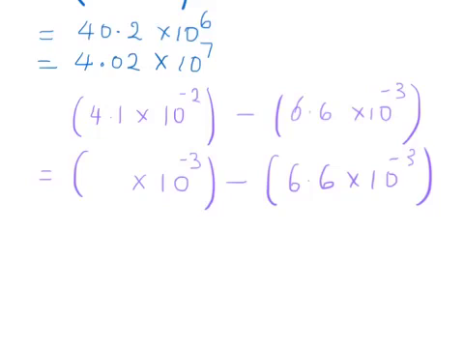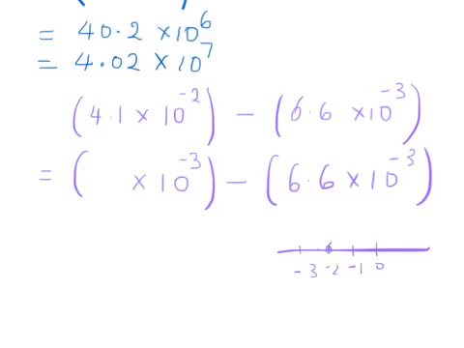Now what did I do to go from minus 2 to minus 3? I made it smaller. I made minus 2 smaller to go to minus 3. Imagine that's on the number line. Here's my number line. 0 there, minus 1, minus 2, minus 3.